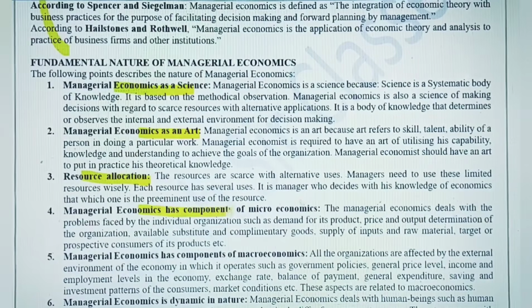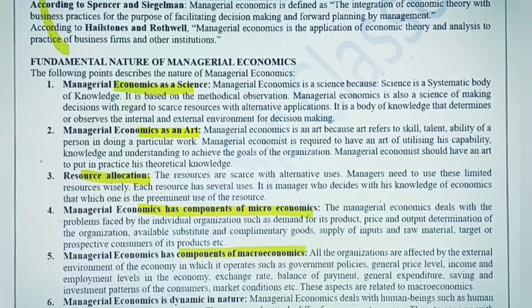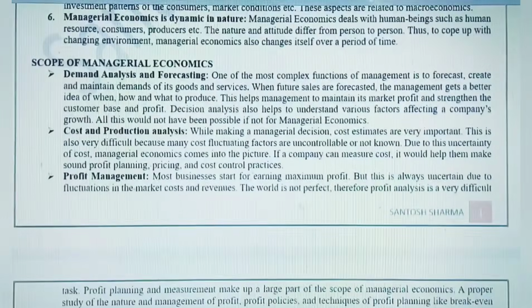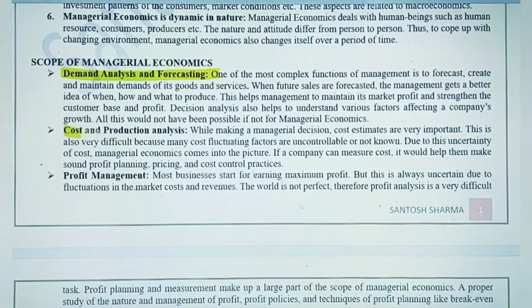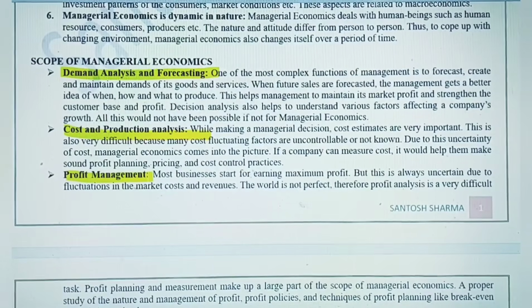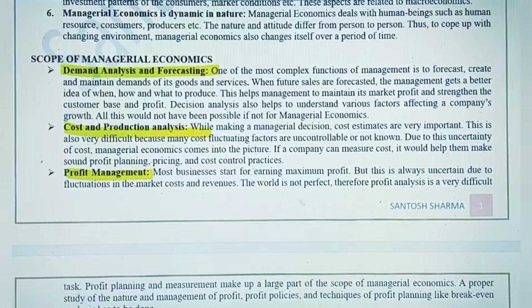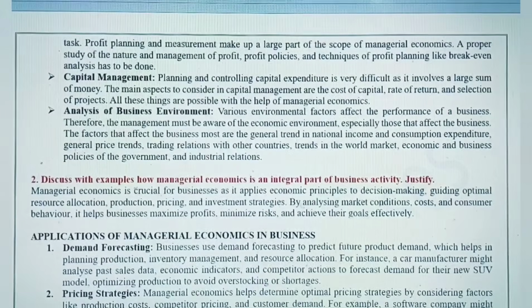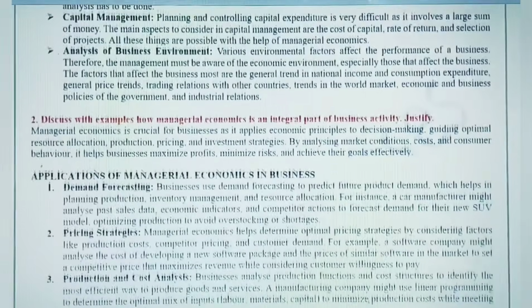It has the components of micro environment and macro environments both. It is quite dynamic, it changes with the situation. And in the scope you can write about demand analysis and forecasting, cost production analysis, profit management. These are the thrust areas where managerial economics can be used. In capital market we have its application, and while making a SWOT analysis of the business environment.